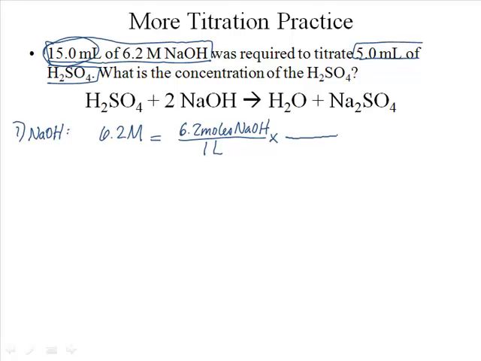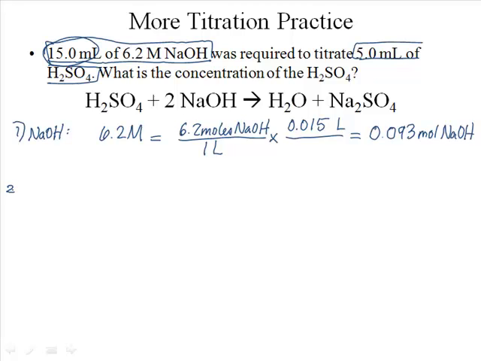I need to cancel liters, so I have to change the 15 into liters, 0.015 liters. So I get 6.2 moles times 0.015 liters gives me 0.093 moles of NaOH. That's my first step.